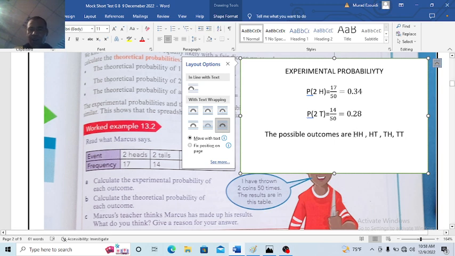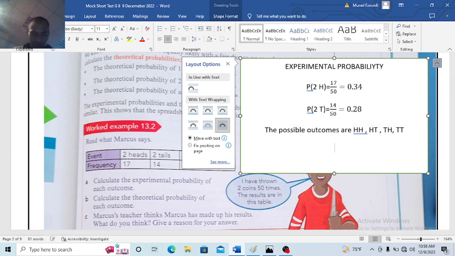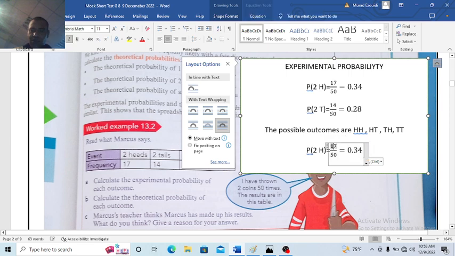So the probability of getting 2 heads is equal to 1 divided by 4, which is equal to 0.25.